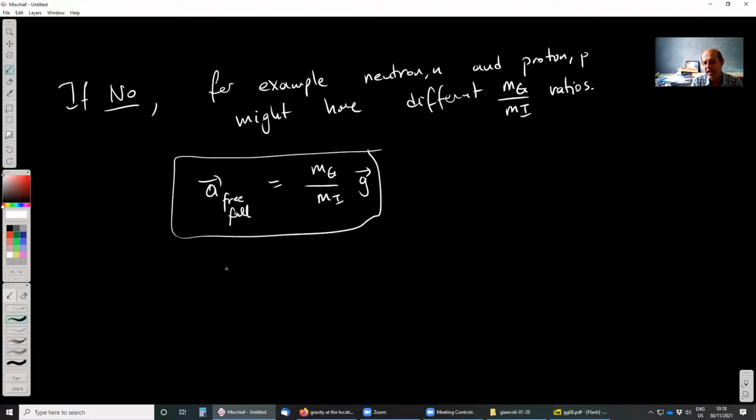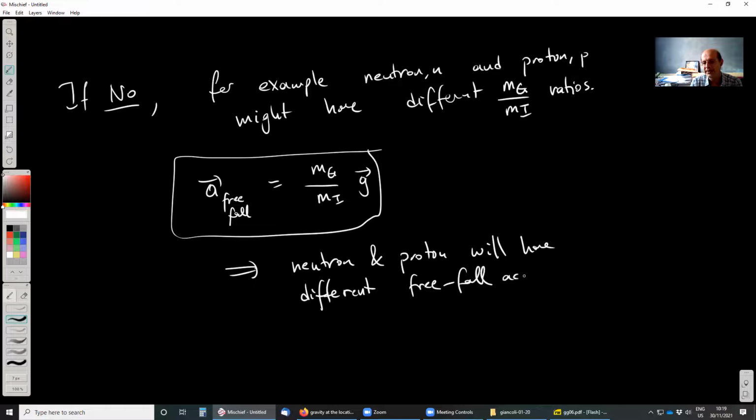Therefore, if that's the case, neutron and proton will have different free fall accelerations. If no, then they are different. So they are going to fall with different accelerations. Perhaps that can be measured.